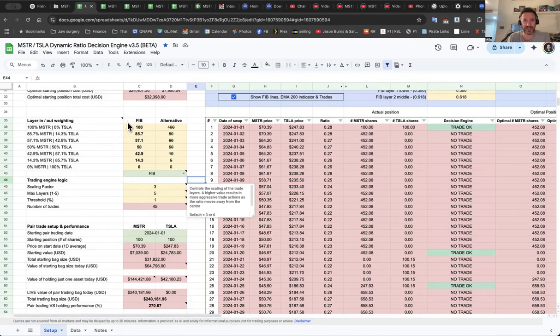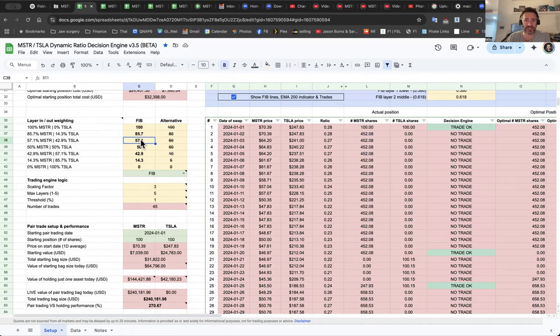So this setting here is basically using these Fibonacci ratios to determine how heavily you're swapping between the assets. To make it a bit clearer, if you imagine that you are basically at this point here, this is the middle point, which is equilibrium. You then move up the range, so the ratio goes up, and then you're basically going from 50% each to 57.1% MicroStrategy, 42.9% Tesla.